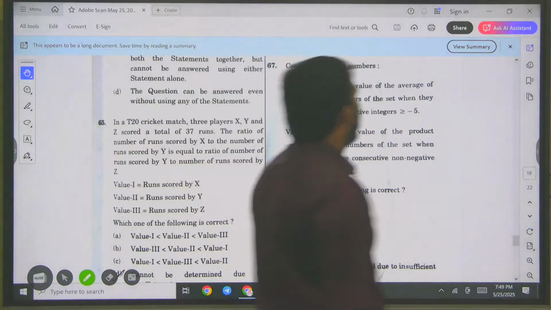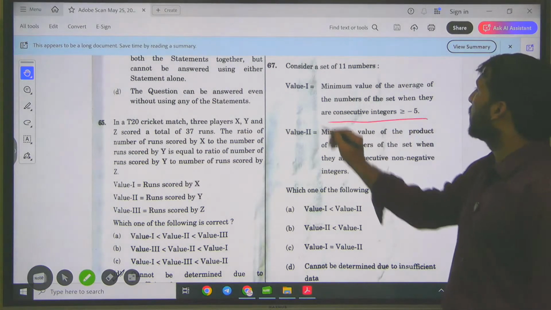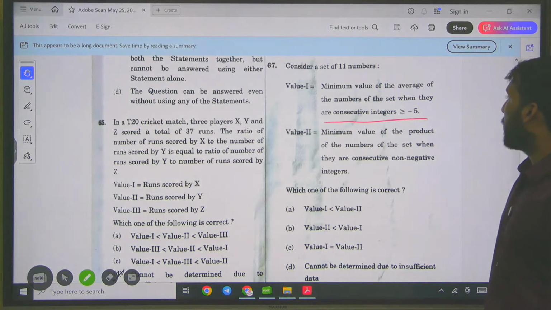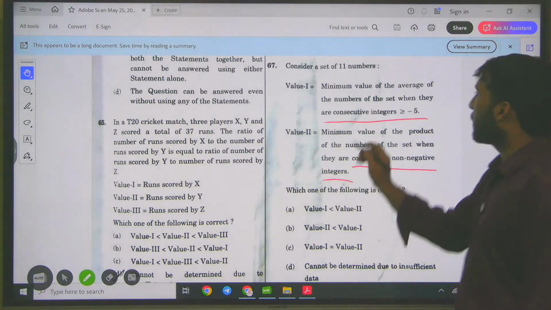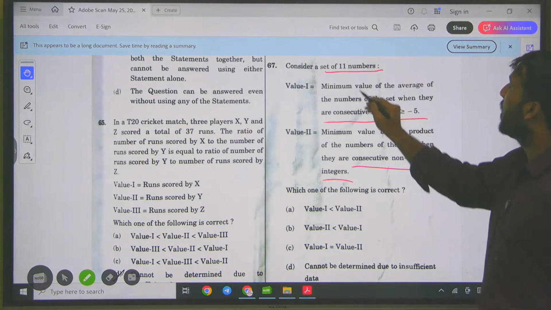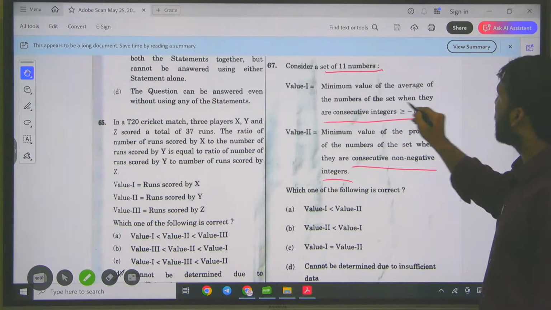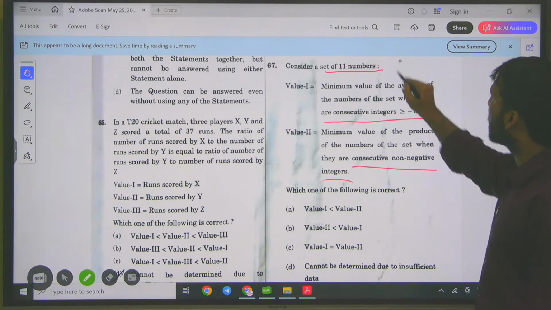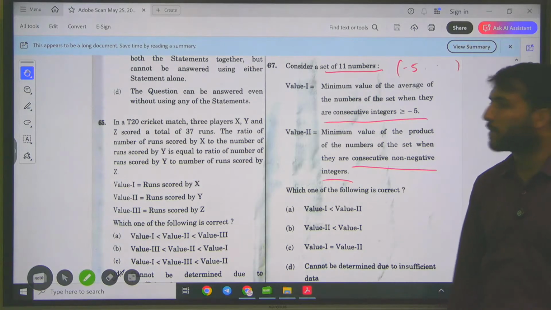Observe the question. Value 1, what he is asking: consider a set of 11 numbers. Minimum value of the average of the numbers of the set when they are consecutive integers greater than minus 5, you have to consider from minus 5, consecutive, minus 4, like that.